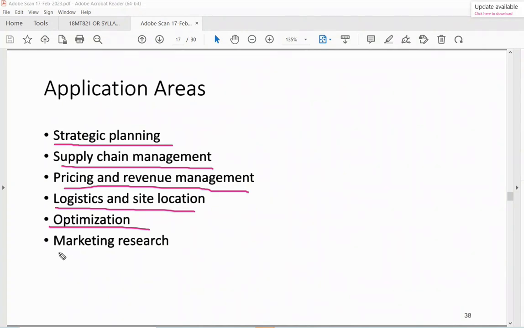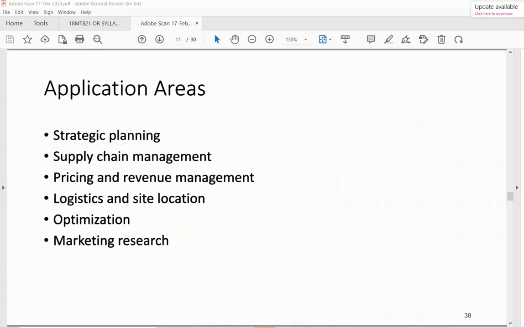Then marketing research. In marketing research also, proper operation is required. If not, we can't meet what is required by the market. So in all these applications, we are going to make use of operation research. These are the areas where we can use it.